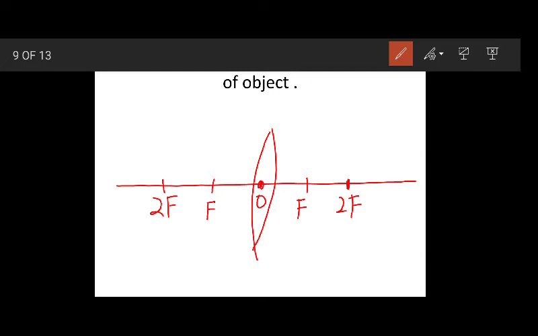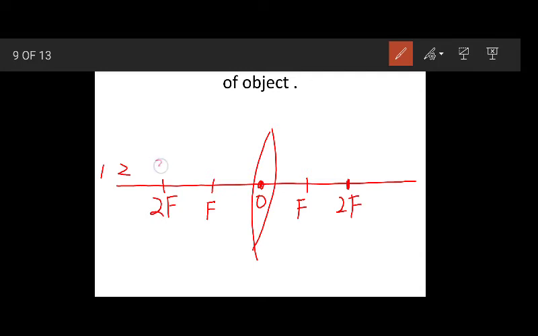So we may identify it simply. Number 1 position indicates the position at infinity, and number 2 is the position between 2F and infinity.